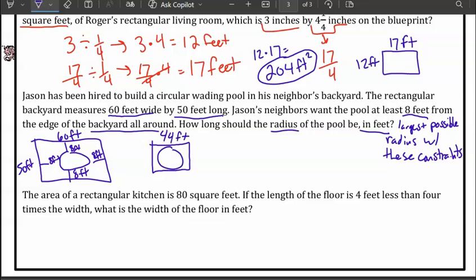And then the width is going to be 50 minus 16, 34 feet. And for it to be a circle, it needs to take the smaller length here and half of that, which is 17 feet. So the radius of the pool in feet has to be less than or equal to 17 feet.